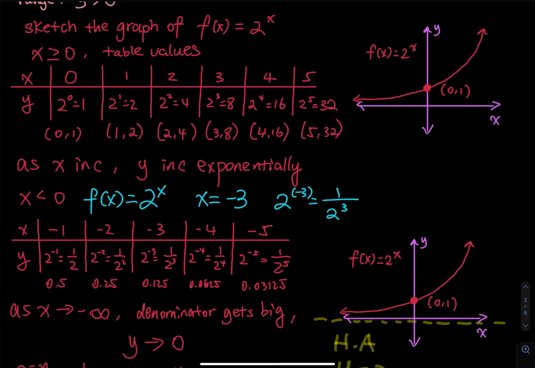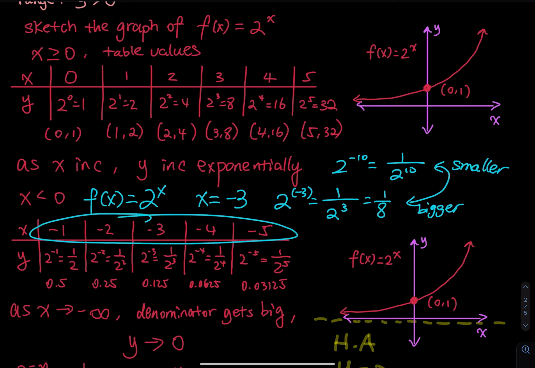So when you have that, this is a pretty small value. Do you see that? If you change the -3 to a -10, do we agree that we have 1 divided by 2 to the 10? Compare this: 1 divided by 2 cubed is bigger, and 1 divided by 2 to the 10 is much smaller. So that means as x approaches -infinity, do you see this?